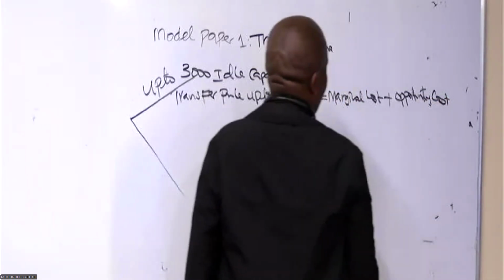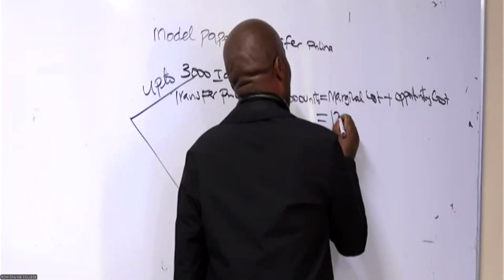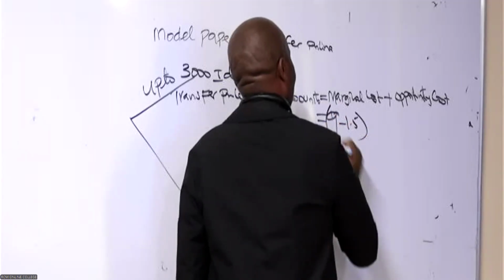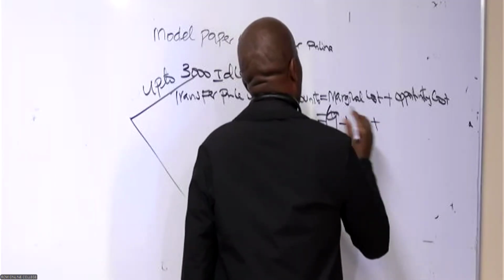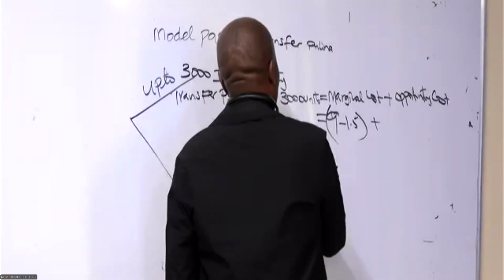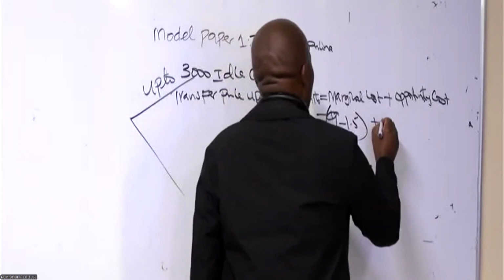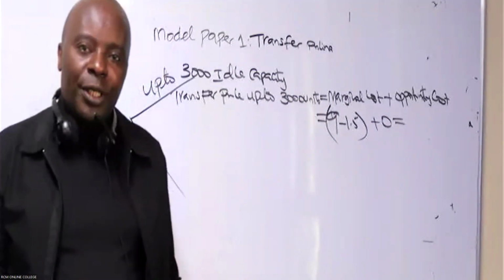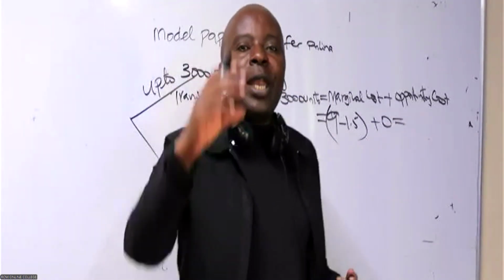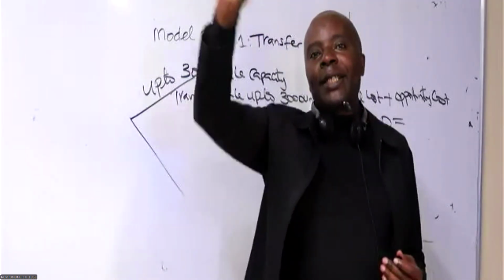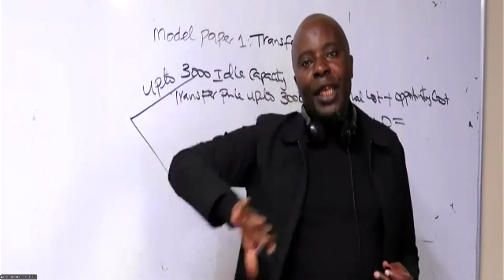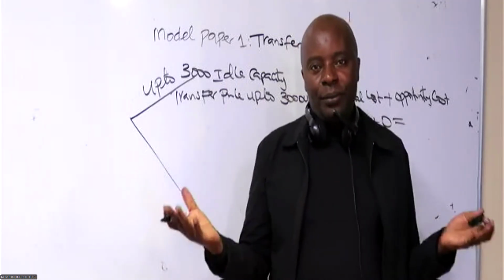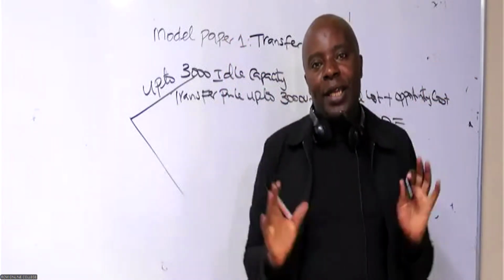The marginal cost, remember you gave me a figure of 9 minus 1.5. But if I'm going to produce up to 3,000 units when I'm idle, there won't be any opportunity cost, because opportunity cost arises whenever I'm snatching goods from external buyers to sell internally. Up to 3,000 units, there is no external market.